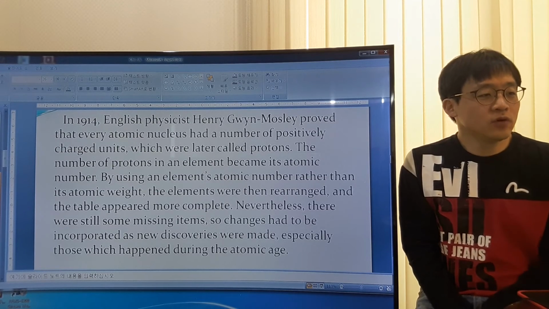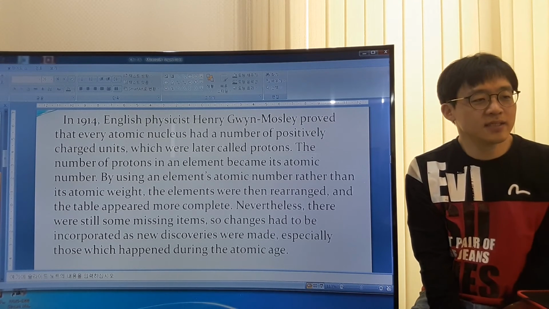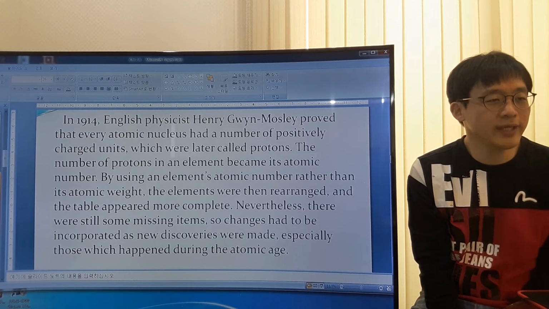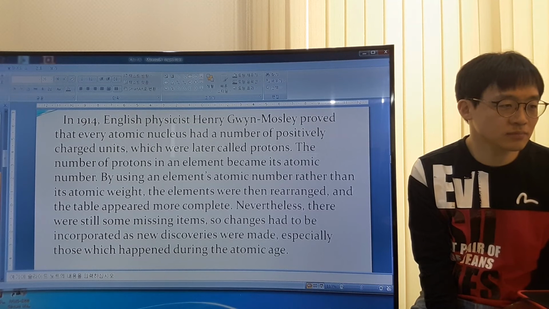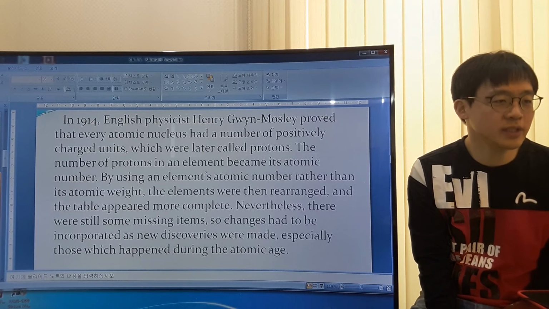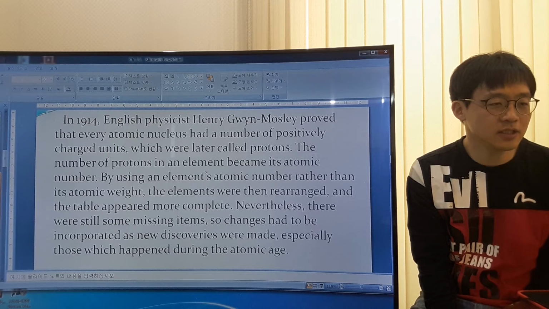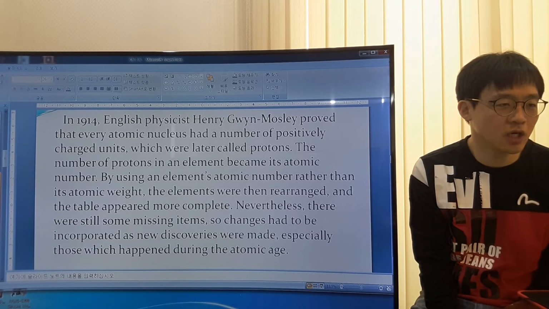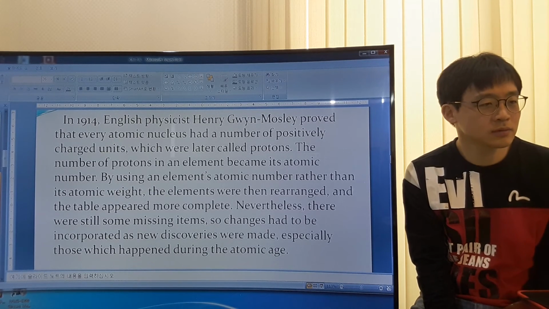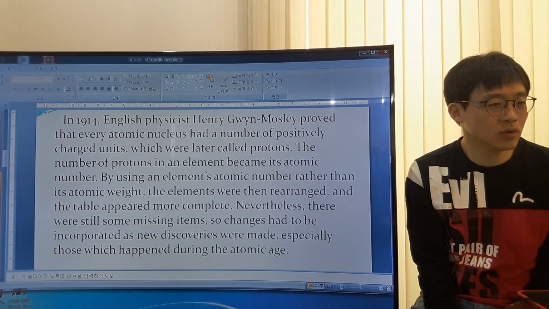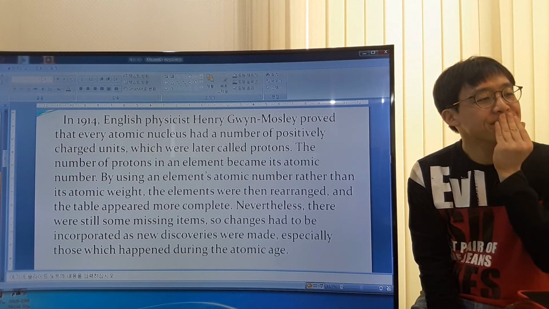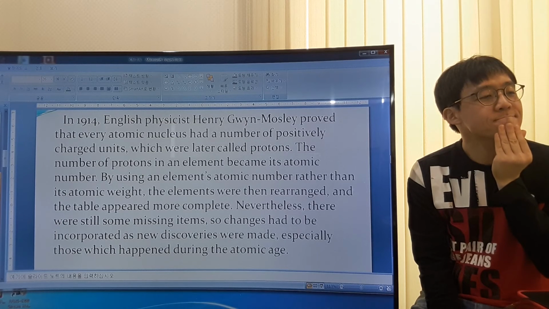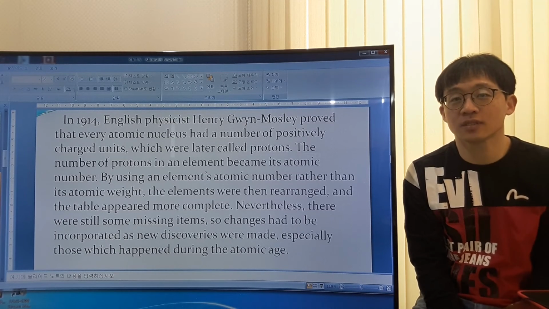In 1914, English physicist Henry Gwyn Moseley proved that every atomic nucleus had a number of positively charged units, which were later called protons. Physicist, what is a physicist?